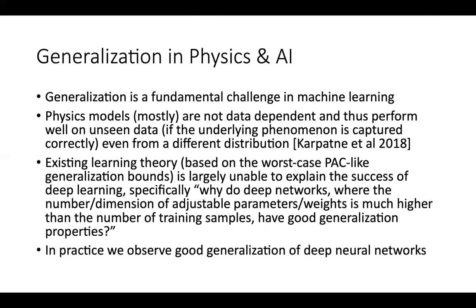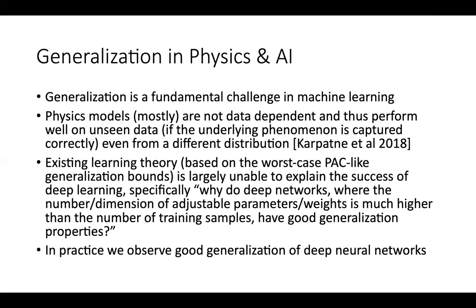Theories and predictions from the physics domain have been shown to be correct in certain domains like particle physics, even to the order of, let's say, 8 to 10 decimal places, which is quite remarkable.